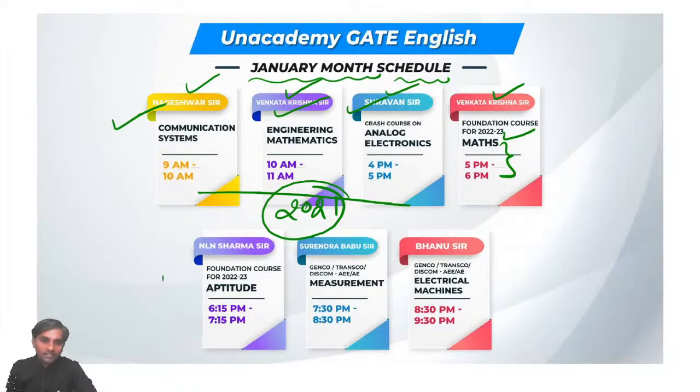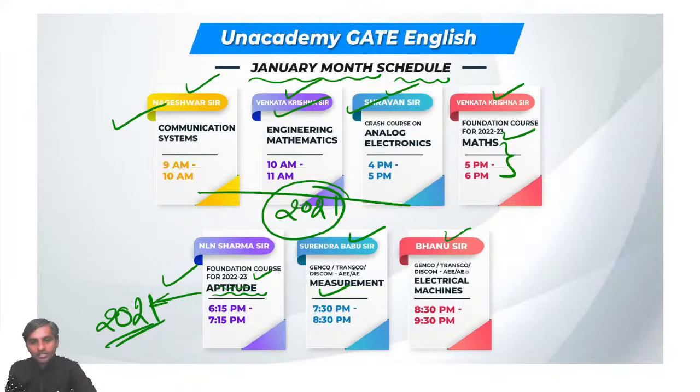NLN Sharma sir is taking an aptitude foundation course for 2022 and 2023, so even students of 2021 can listen and benefit from it. Surendra Babu sir is taking measurements, and Bhanu sir is taking electrical machines, targeting Genco, Transco, Discom, and AE and AWE. Don't miss all these classes.